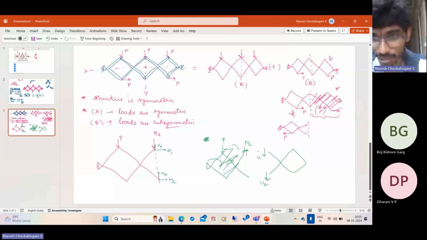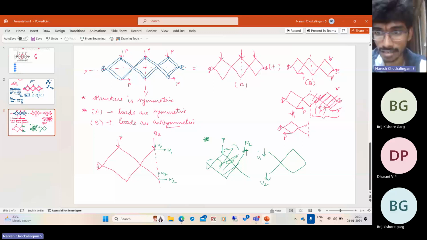If you disregard the internal forces, we saw that this is just the mirror image, right? But when you see it from the back side, it is exactly this, which means when you subject this half of the structure to P and P/2, you have an upward vertical force.